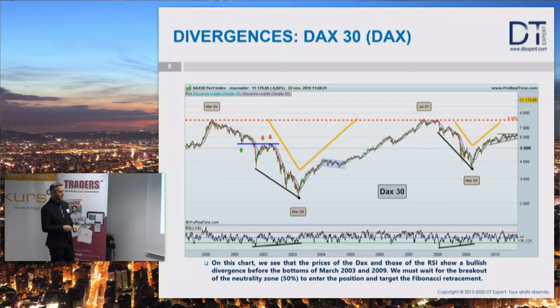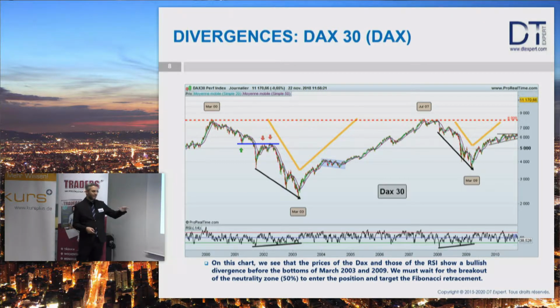That means the stock or the underlying is underestimated. And then after, you have to wait for the RSI to strongly pass over what we call the neutrality zone at 50, because as it is an oscillator, it's always evolving between 0 and 100. So we call the neutrality zone here at 50. And when you break up through the 50 clearly, like here, you have what we call a buying signal.